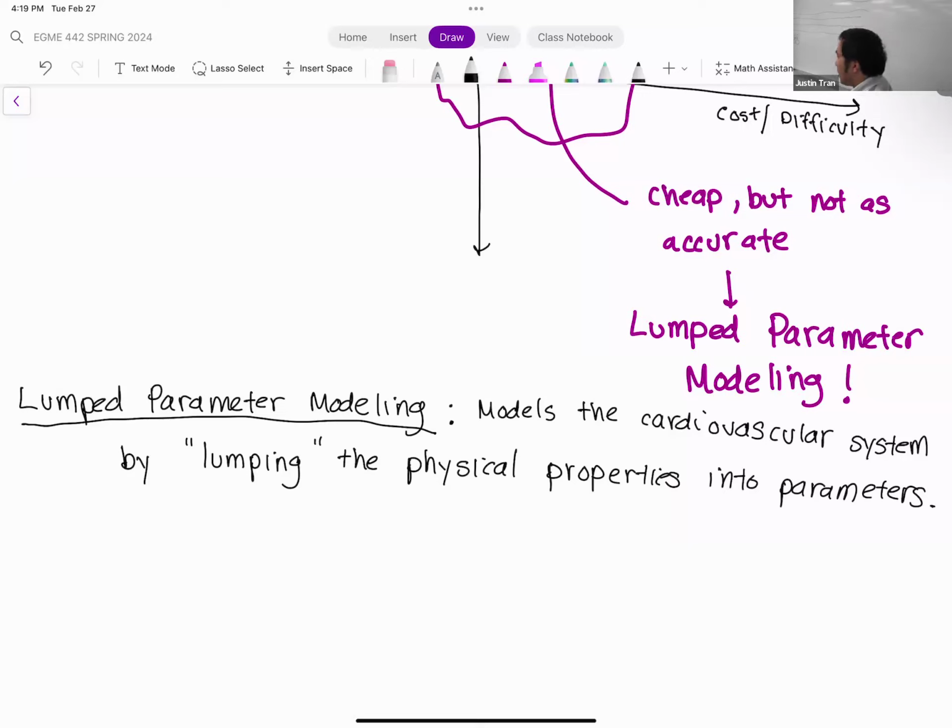A lot of the physical properties and phenomena that we've been talking about, we're going to lump or group into certain lump parameters. In particular, the types of parameters that we're going to be looking at are circuit elements, or circuit parameters.